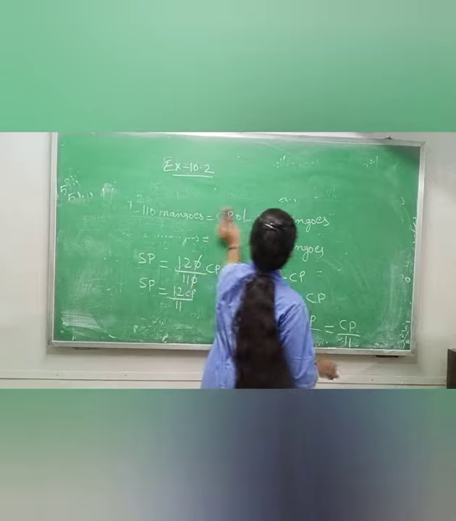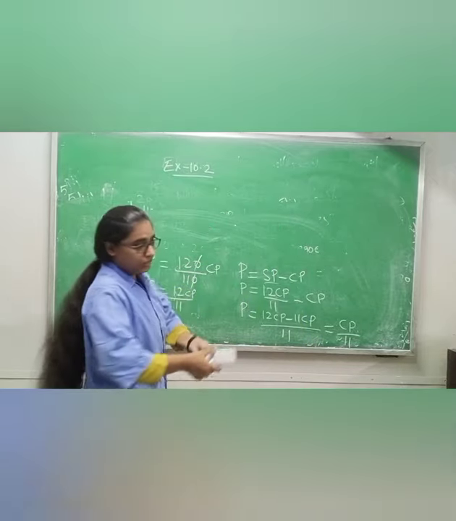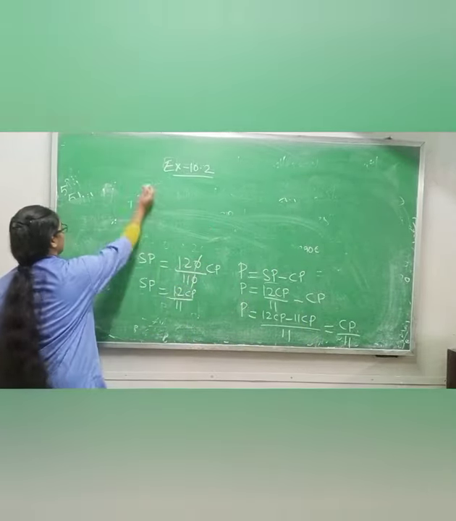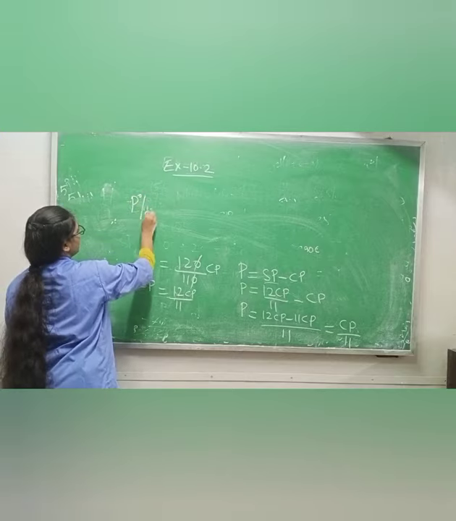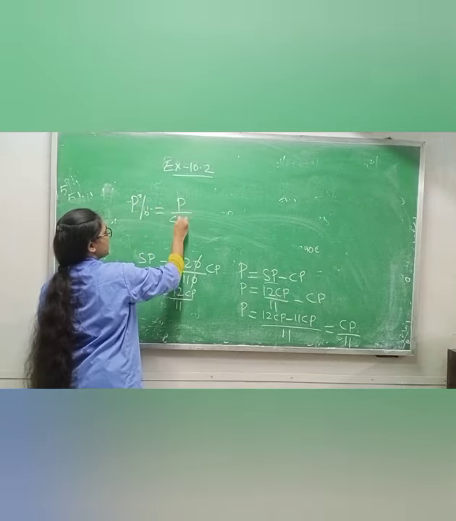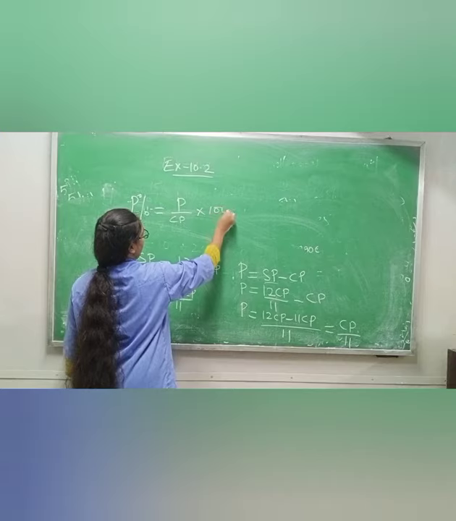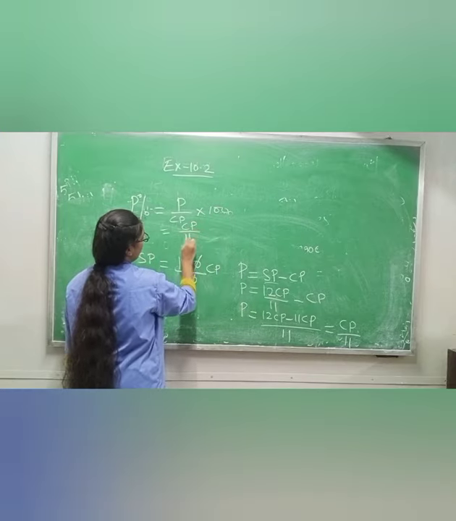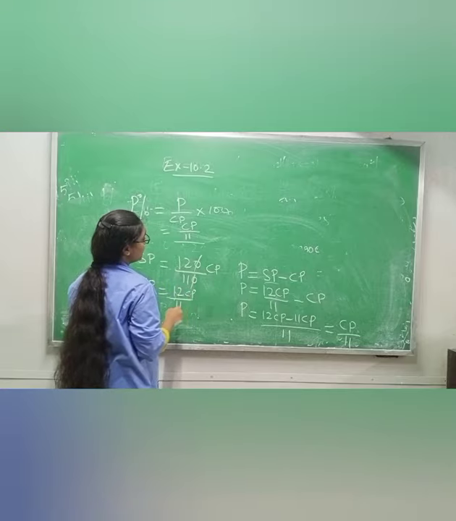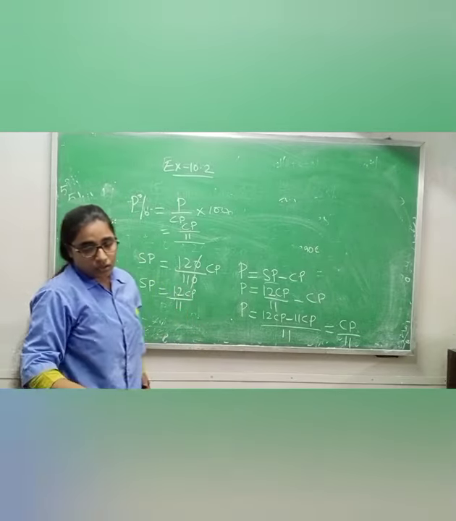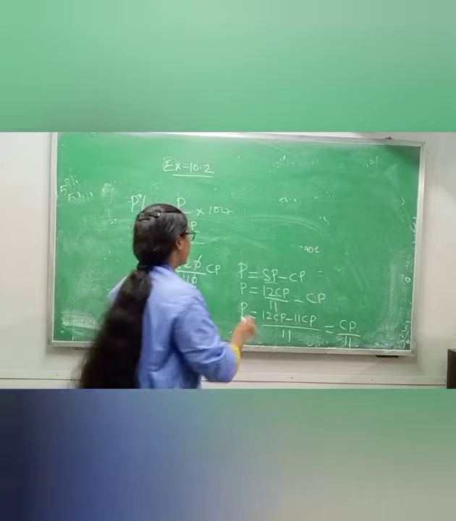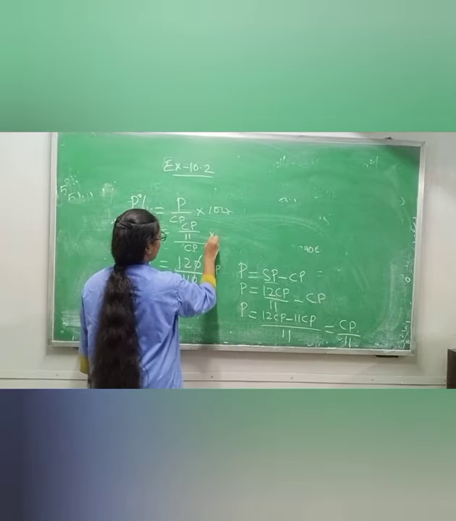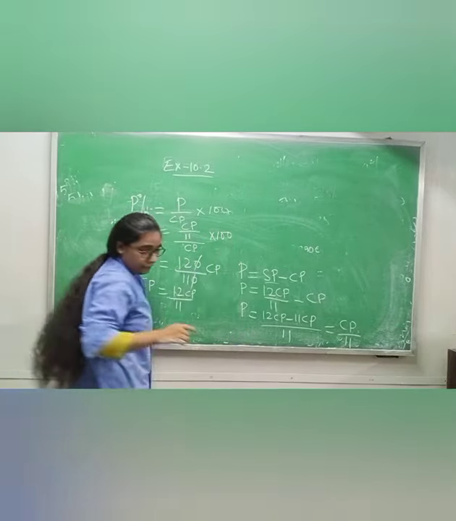I am removing the first two lines. Now they are telling to find the profit percentage. Profit percentage equals profit by CP into 100. Profit you got is CP by 11. Cost price is how much? Cost price is CP only, so you will write CP into 100.